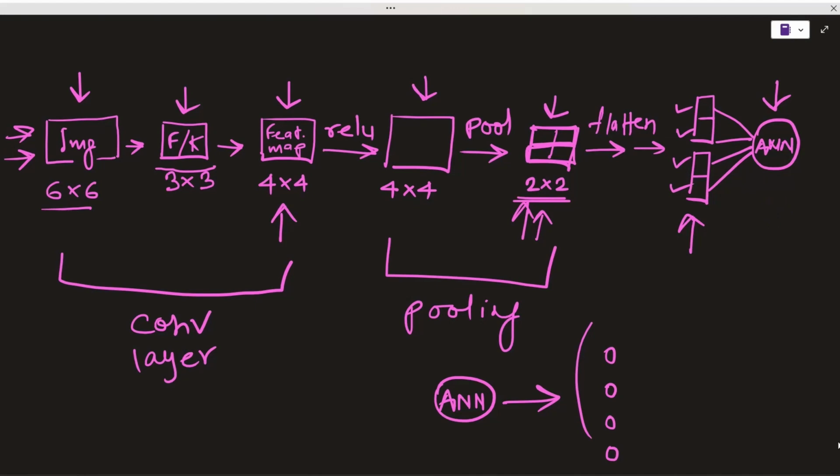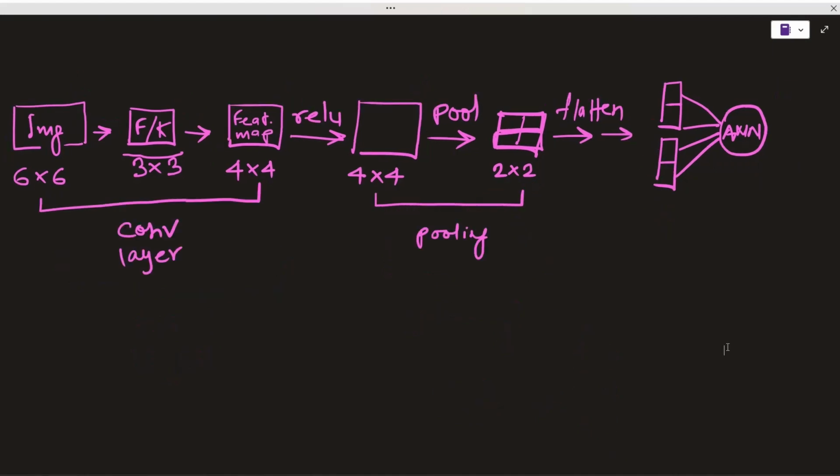And now I'm going to make the screen a bit cleaner by erasing the unnecessary stuff. So this is a very basic CNN architecture that we are considering in order to understand the backpropagation operation. Going by your previous understanding of backpropagation in ANN or in any other machine learning algorithm with trainable parameters, we already know that the basic idea of backpropagation is nothing but propagating backwards in your architecture in order to adjust the values of your trainable parameters.